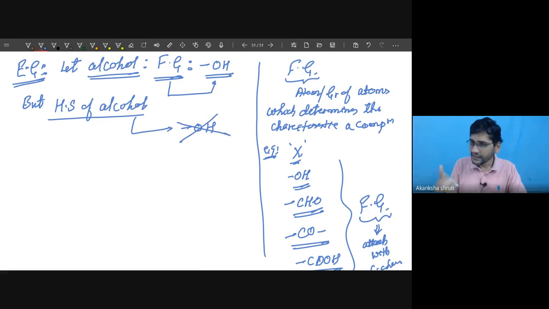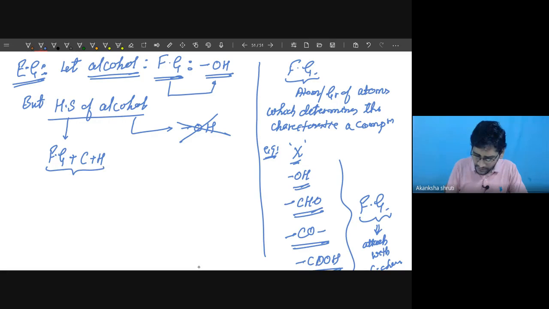Are you getting? It is not only this one. For this, you have to consider this functional group with the carbon skeleton, with carbon, hydrogen, and if there are other atoms also, we need to consider those.